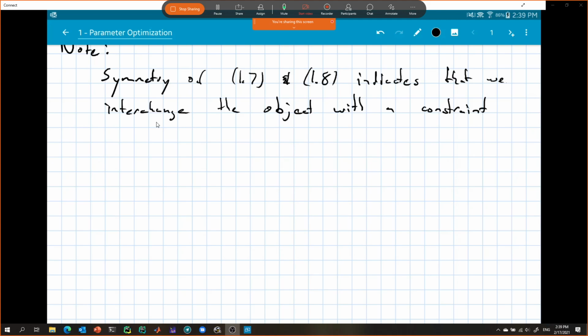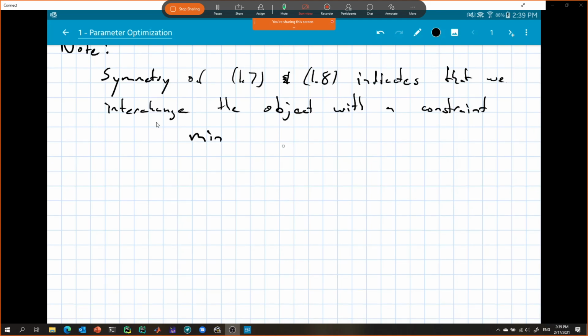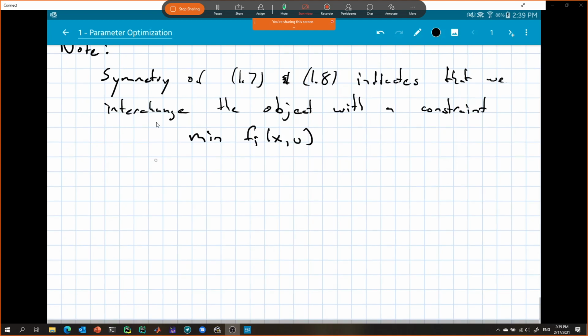And you can see that because if we take min of some f_i of x and u, such that we have J minus J star, where J star is the optimal value of J from the previous problem, and then we have, let's just say j not equal to i, j equals 1 through n.